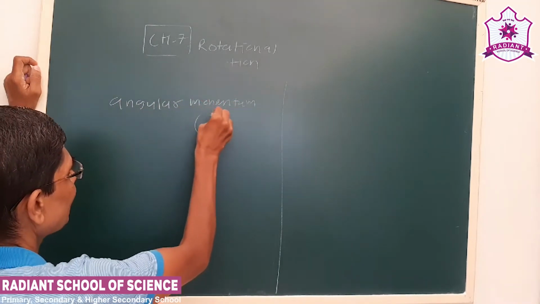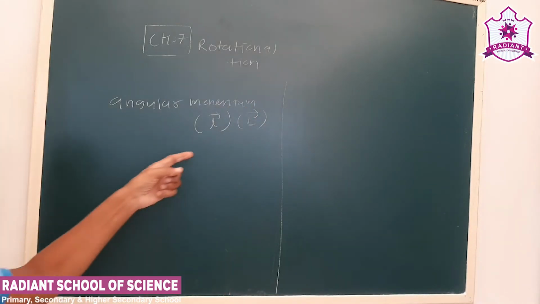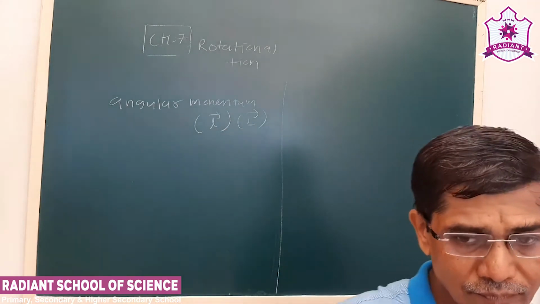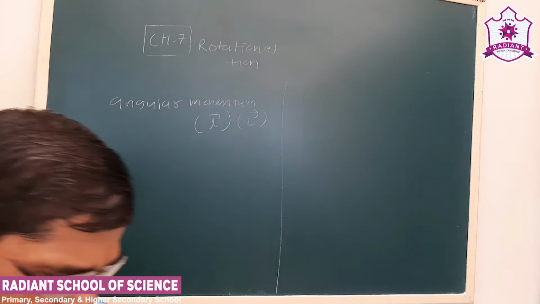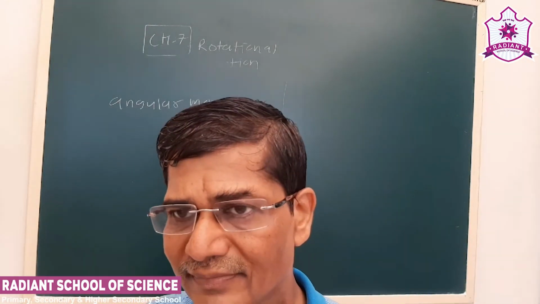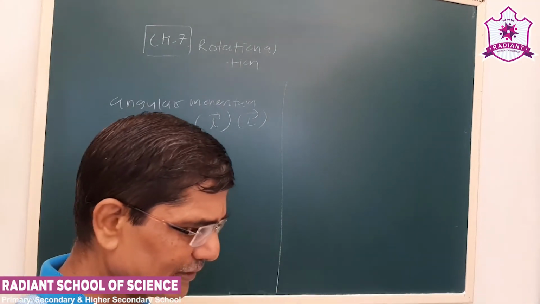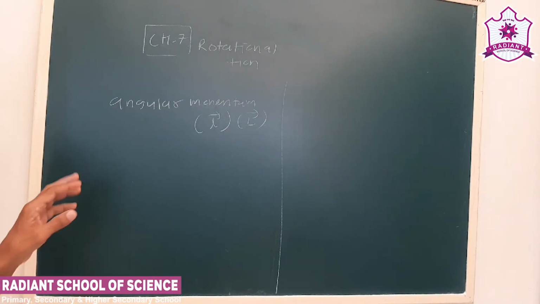It is denoted as L, or sometimes for a rigid body it is capital L. Torque is the effectiveness of force in producing rotational motion. Similarly, angular momentum is the effectiveness of linear momentum in producing rotational motion.